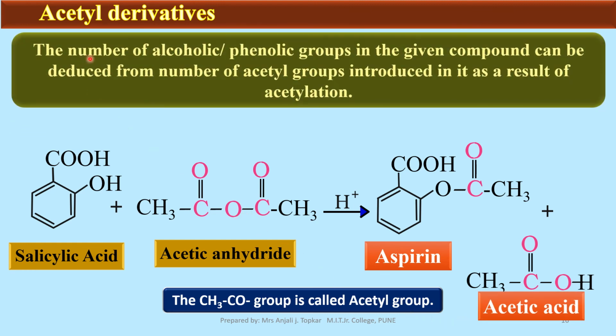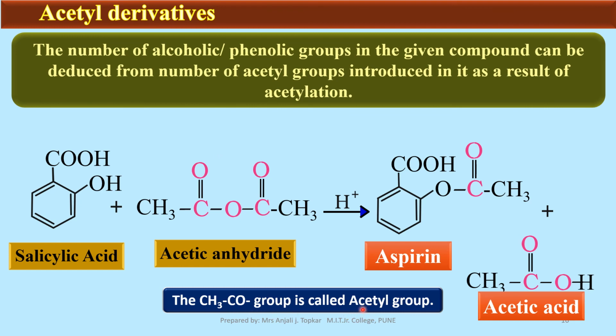The number of alcoholic or phenolic groups in the given compound can be deduced from the number of acetyl groups introduced in it as a result of acetylation. The CH3CO group is called the acetyl group.